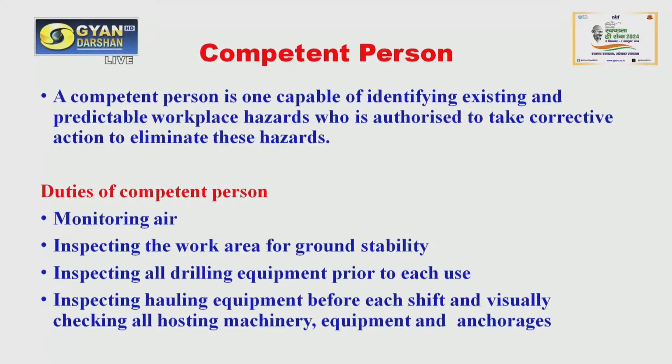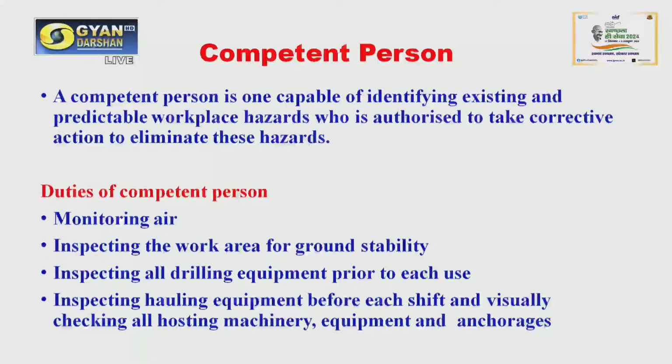to avoid such a fall of material and any possible accident. Then inspecting all drilling equipment prior to each use. The drilling machines and other machines which are to be used in that underground work should be properly inspected, to see whether they are in proper shape, proper health, and only then should they be allowed to be used in that working area. Then inspecting hauling equipment before each shift and visually checking all hoisting machinery, equipment and anchorages.